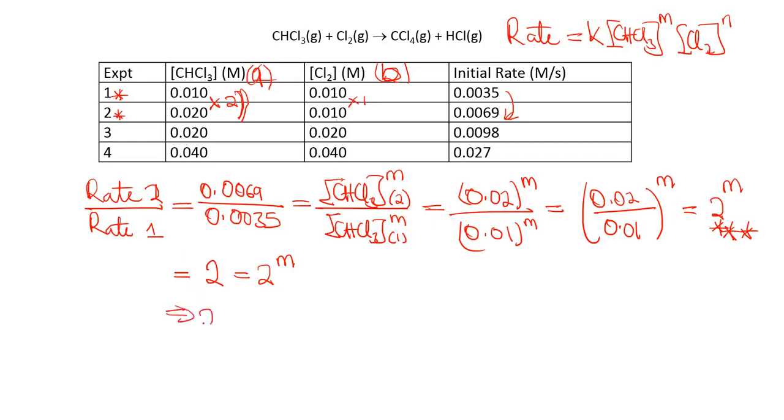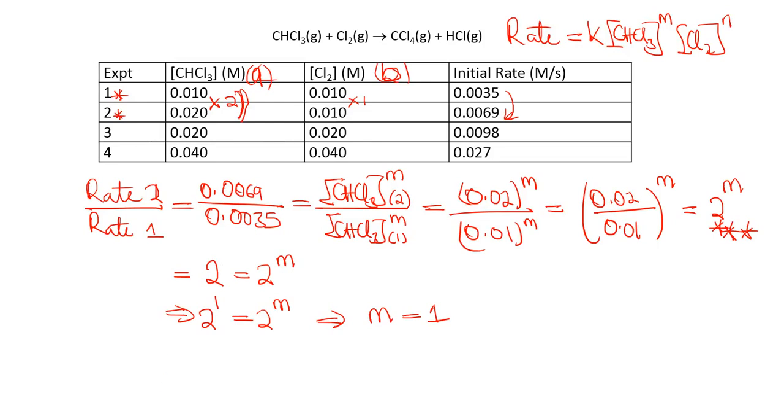So by law of indices, this one can as well be 2 to the power 1 is equal to 2 to the power M, which means that M is equal to 1. So that is by law of indices, because this one is there although we can't see it.